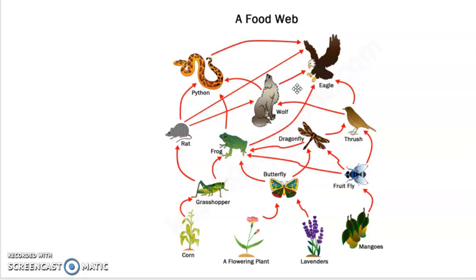And this eagle can be eaten by a wolf, or it can be vice versa, right? So that is why we are working on food webs, to understand the complexity of this food energy interaction. Studying these systems is really important to understand the ecosystem.